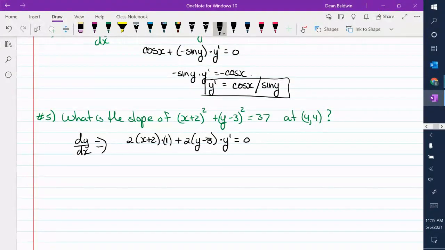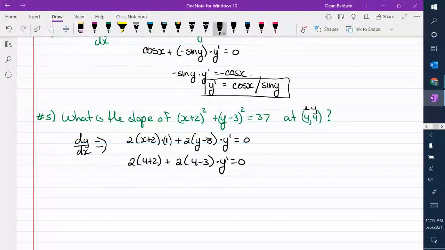So if we just plug in the point 4 and 4 for x and y, I get 2 times 4 plus 2 plus 2 times 4 minus 3 times y prime is equal to 0. 4 plus 2 is 6 times 2 is 12. 4 minus 3 is 1 plus 2 is 2, so 2y prime equals 0.